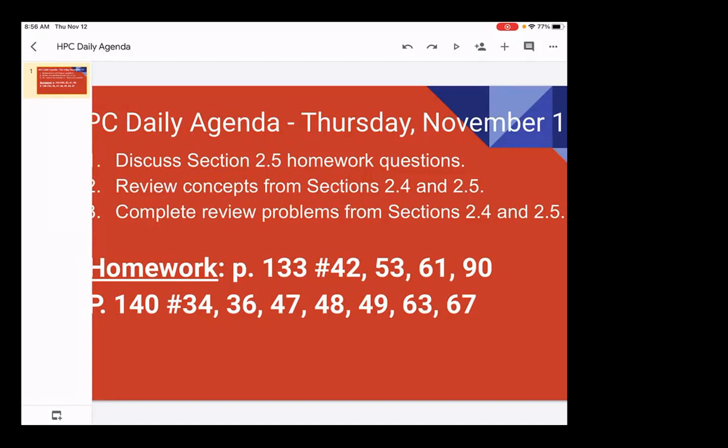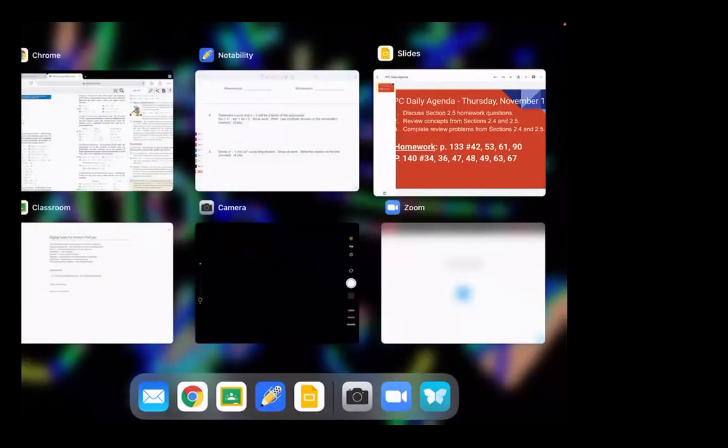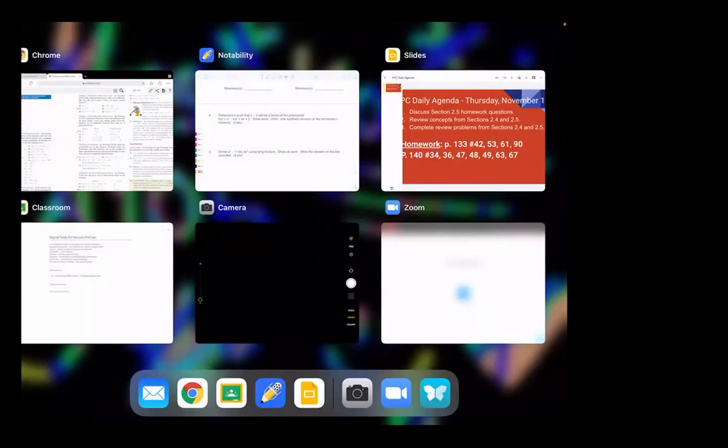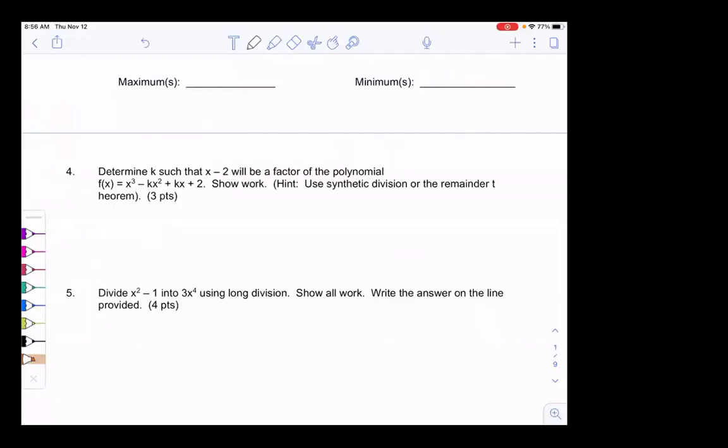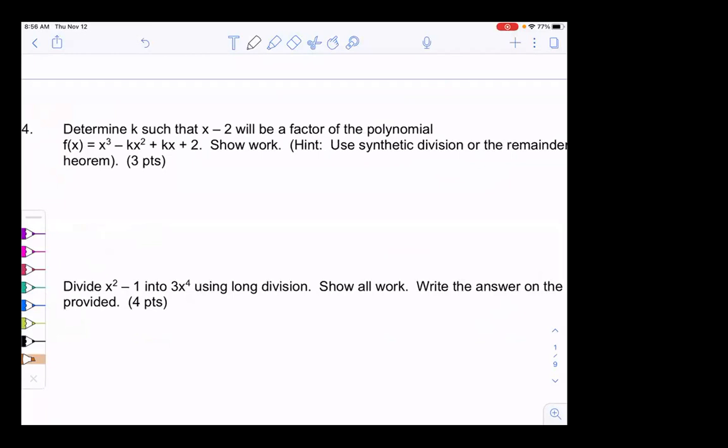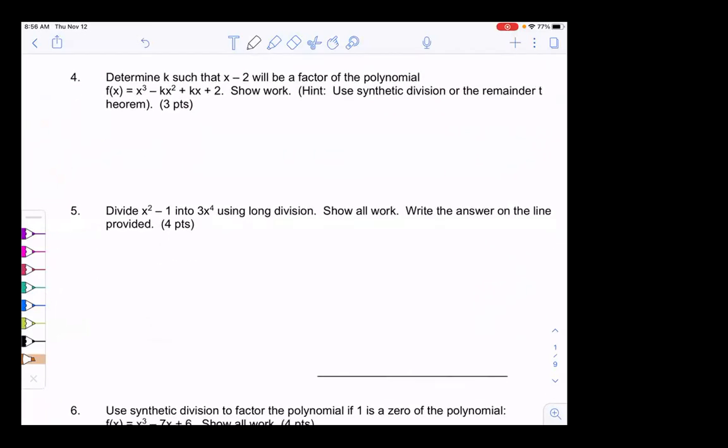Get the edited version that I had comments on, because there's a couple of questions that I do want to talk about so that we can clarify some things before we think about taking another test or completing a retest. So if you want to pull out that test, and then we will look at those homework problems.